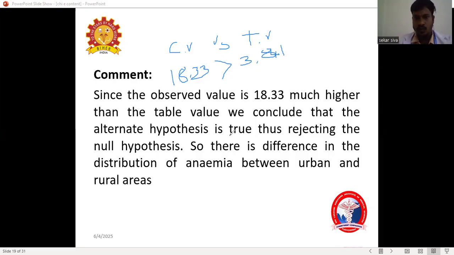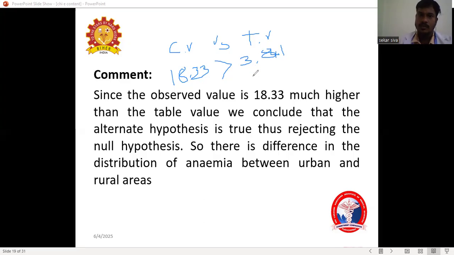If the table value is less than the calculated value, we can conclude that the alternate hypothesis is true, that is, rejecting the null hypothesis. If the calculated value is more than the table value, we have to reject the null hypothesis, which means there is a difference in the distribution of anemic between urban and rural area. We can say it like this.